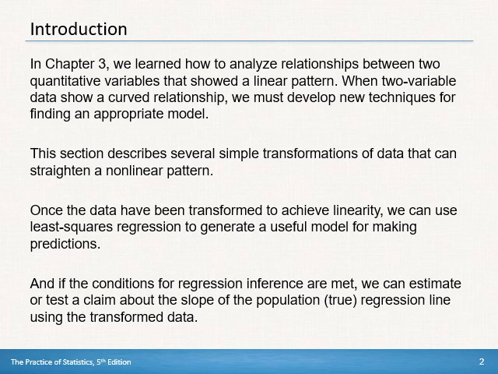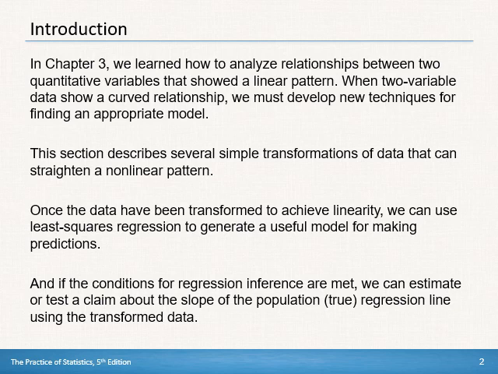When two-variable data shows a curved relationship, then we've got problems. We can't do any of the inference procedures. We can't calculate a correlation, can't do anything, because all of that is predicated on having linear data.